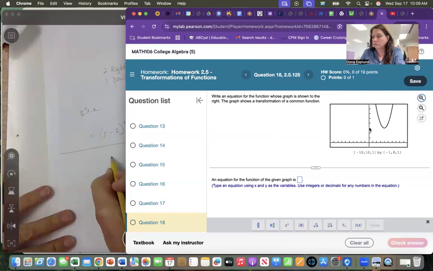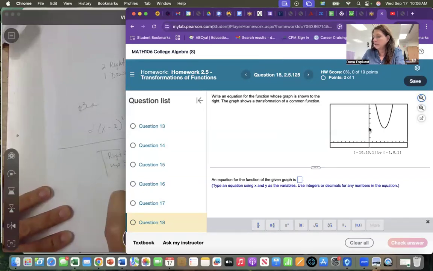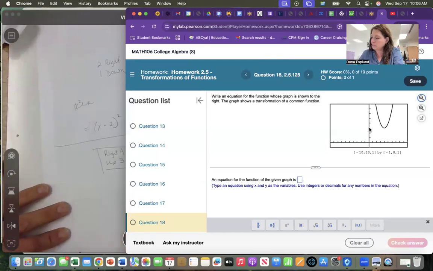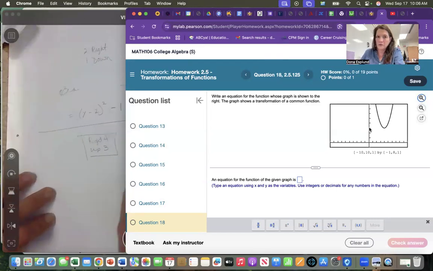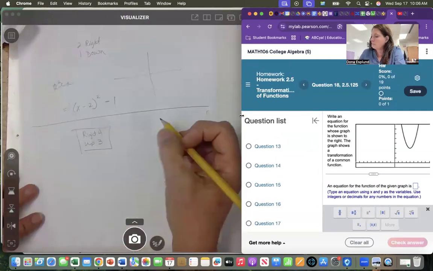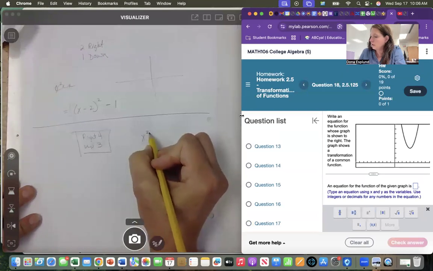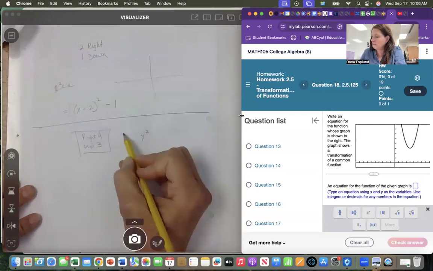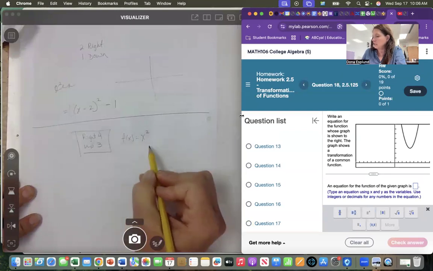So we're going to go to the right 4 and then up 3. Because it's a quadratic equation, you know you're going to be dealing with x squared. So let me see if I can show both of those as I'm going. I'm going to end up with an x squared equation that shifts. So f of x is equal to x squared.